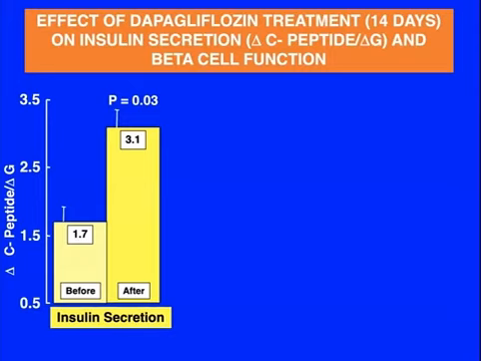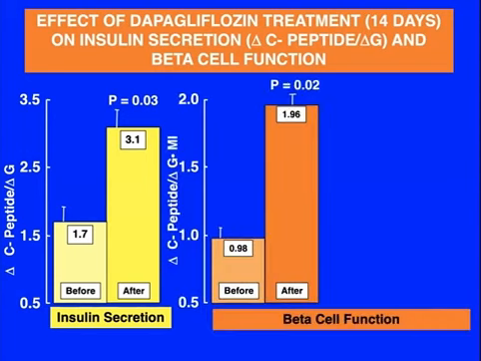And in these studies, we have two measures of insulin sensitivity. One is the Matsuda index during the OGTT. So you can see that the increase in C-peptide per increment in glucose, all factored by how insulin resistant you are, or the disposition index, doubled.